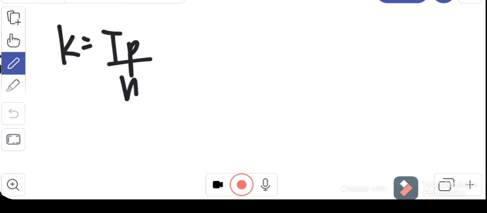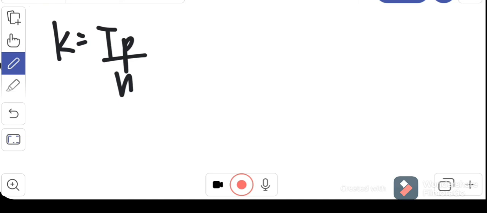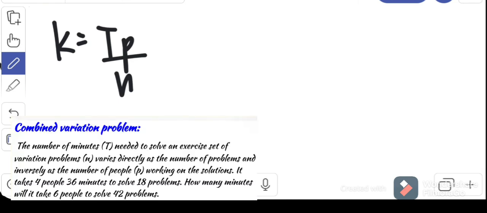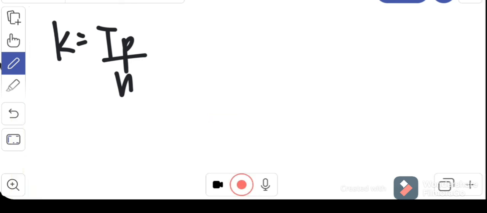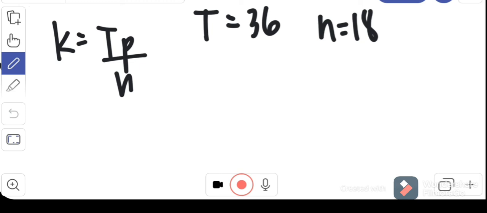This is our formula for finding the value of our constant of variation, and then we will substitute each given variable and its value. So T is given as 36. We have N is equal to 18 and P is equal to 4.